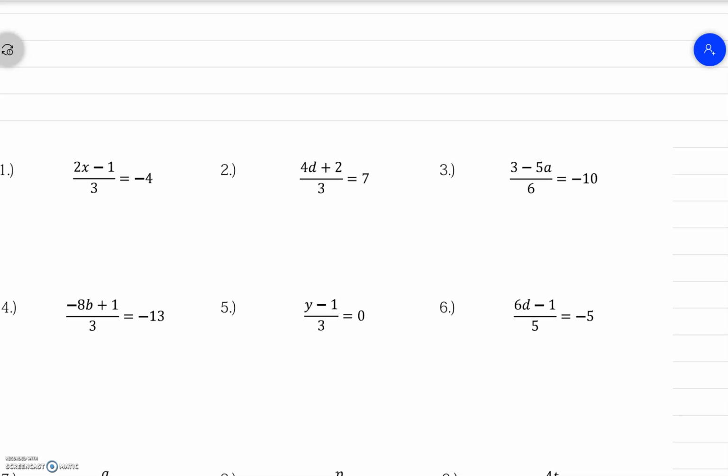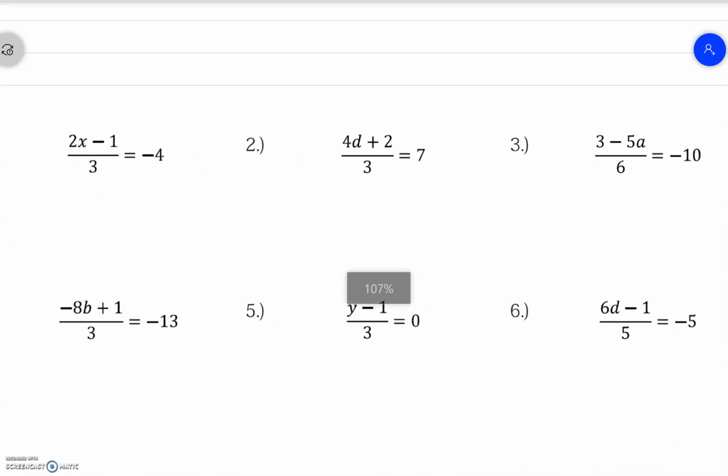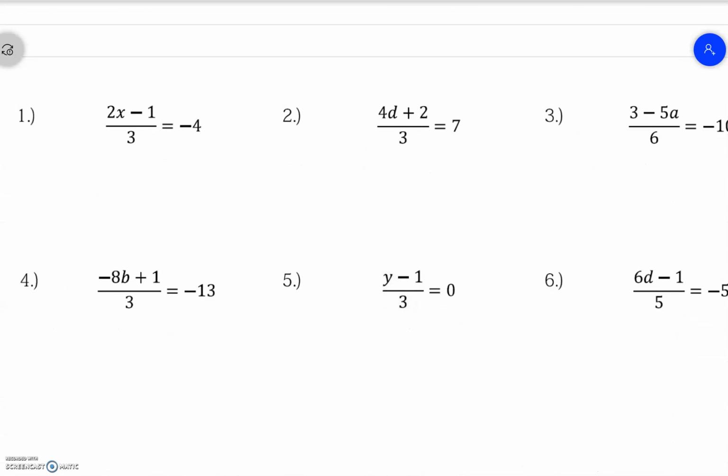All right, so I did 1 and 3 in the Edpuzzle video, so I'm going to look at number 2. Just like we were talking about, we have to undo everything, and to undo something you have to start from the outside in. Another example of that, if you've ever had to untie a really messed up knot that had a lot of knots in it, you have to start with that outer layer before you can get to the inside.